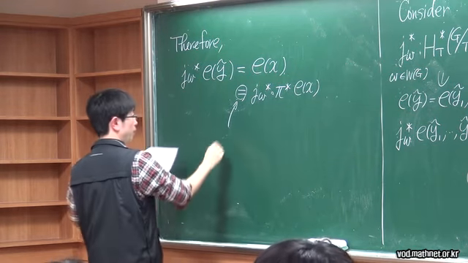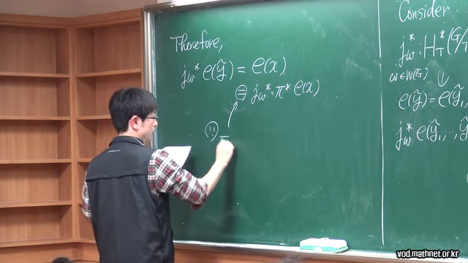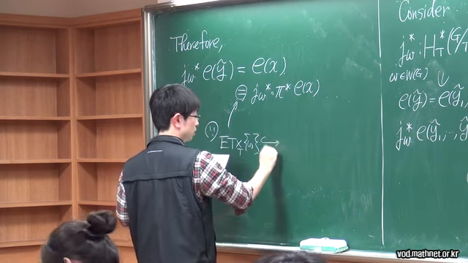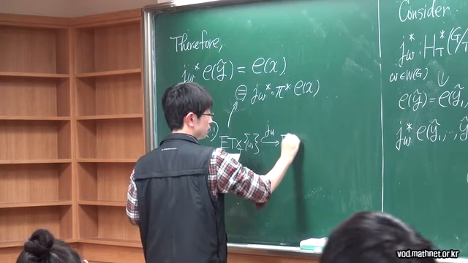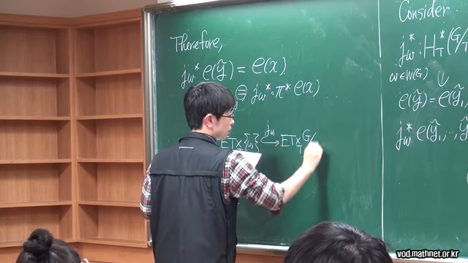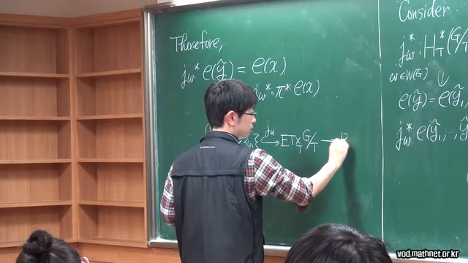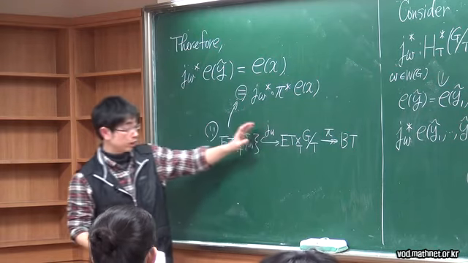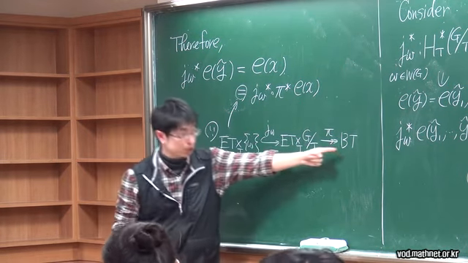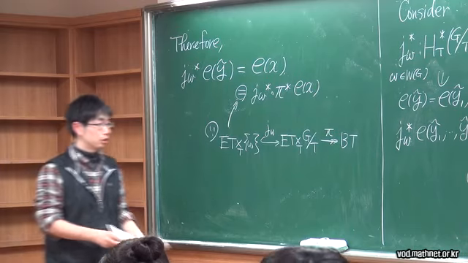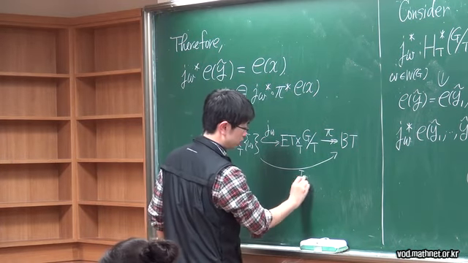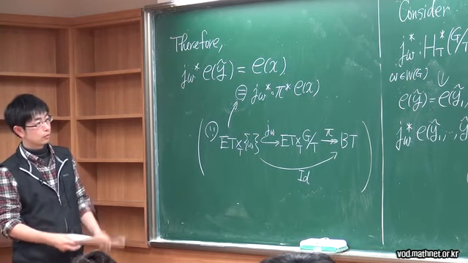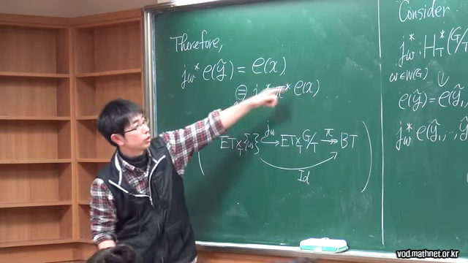Actually, this means it is obtained this way. W is JW on the BT. Now there is an injection map by the fixed point, and there is a projection map by the fiber bundle, and then this is nothing but the identity. So this composition is just nothing but EX in this case.